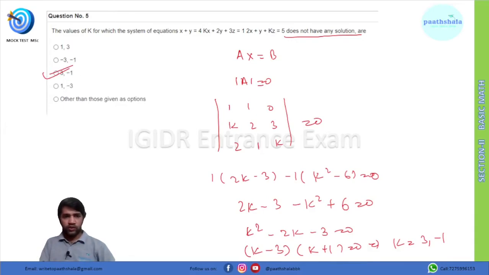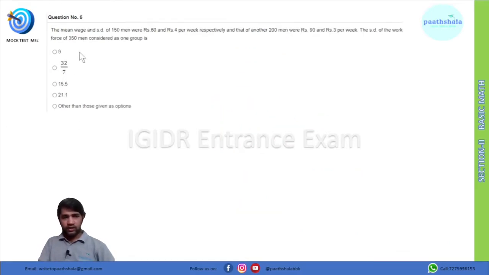Now let's move to the next question. It says the mean wage and standard deviation of 150 men is rupees 60 and rupees 4 per week respectively, and that of another 200 men it is rupees 90 and 3 rupees per week. The standard deviation of the 350 men considered as one group will be. So let's put it into tabular form.